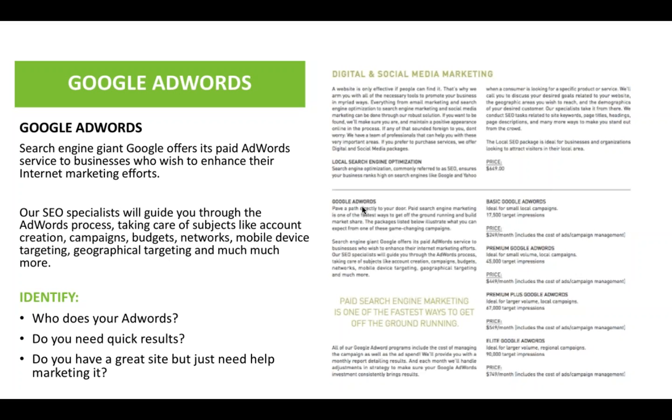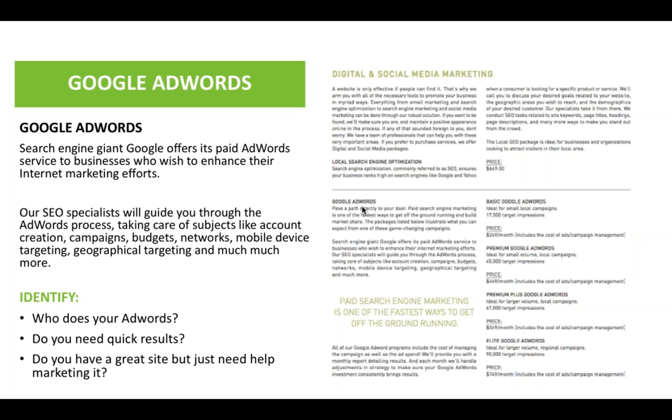Google AdWords and Facebook advertising are probably the two most popular ways to advertise your business right now, because you can get very targeted results and very quick results, right? So this is something where our SEO or an SEM specialist will guide you through the process of making sure your account is set up properly, that your campaign is set up for success, right?